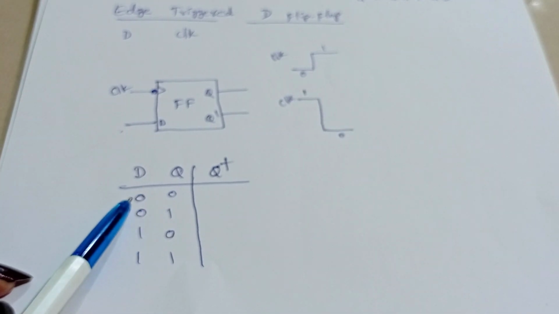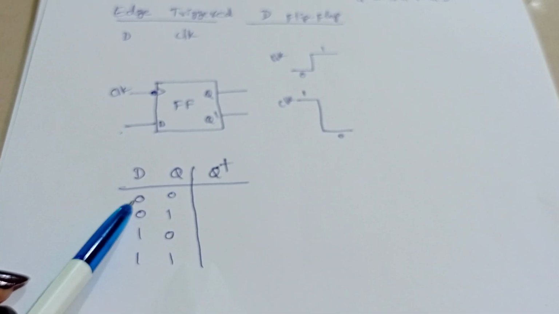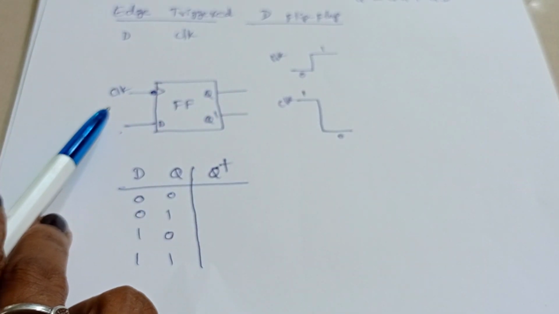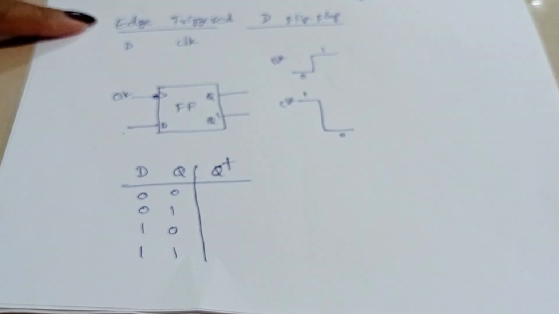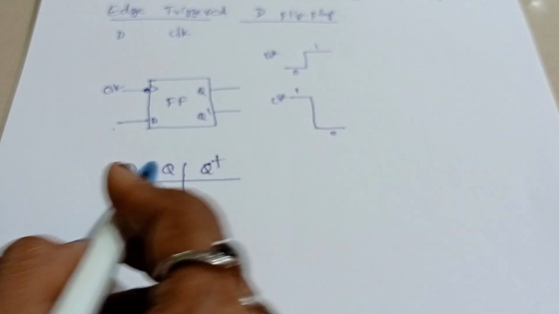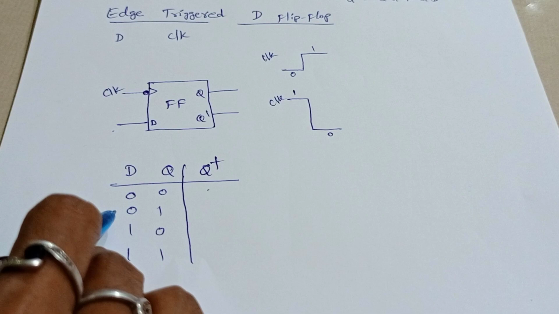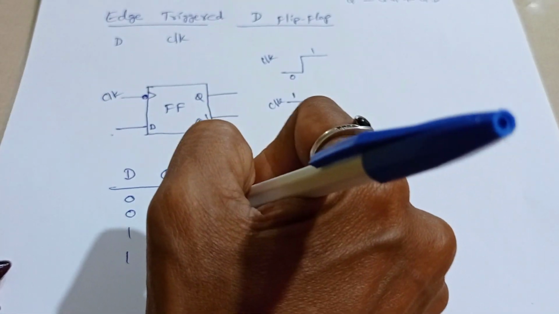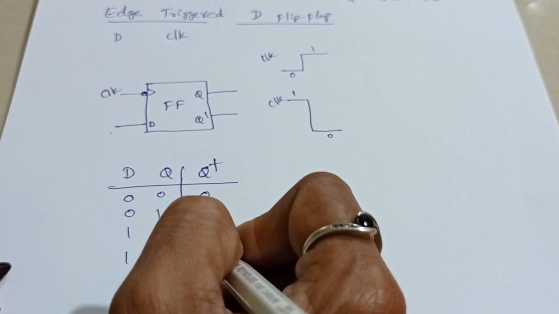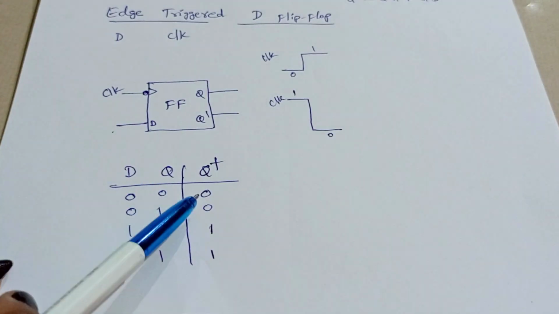As we know, if the input D is 0 and it is an active edge, that means either a positive edge or negative edge trigger. If D is 0, then the next state is 0. When D is 1, it is set. Reset, set.